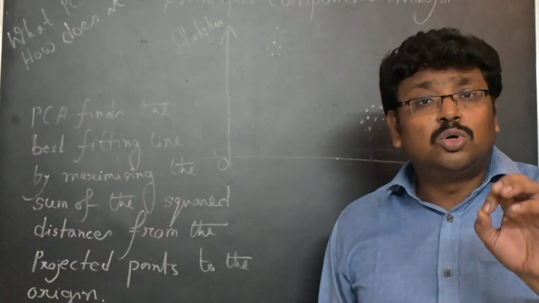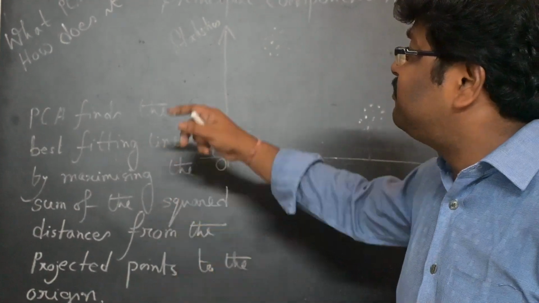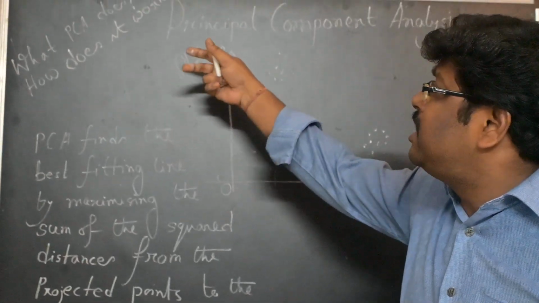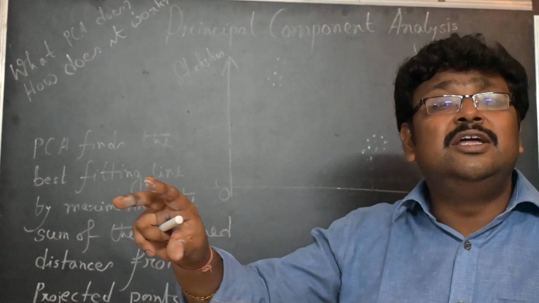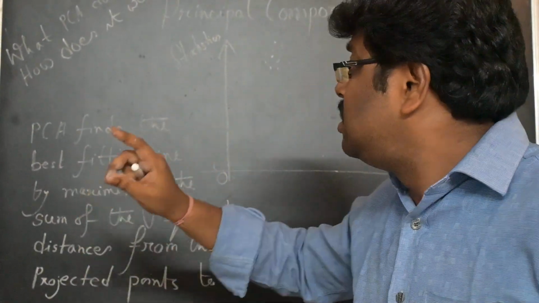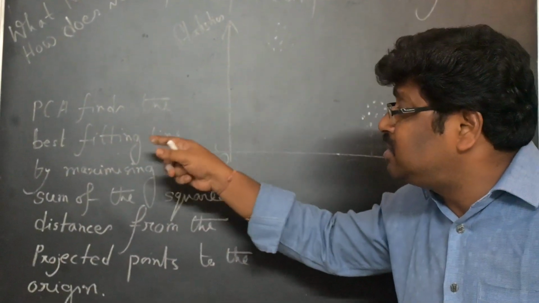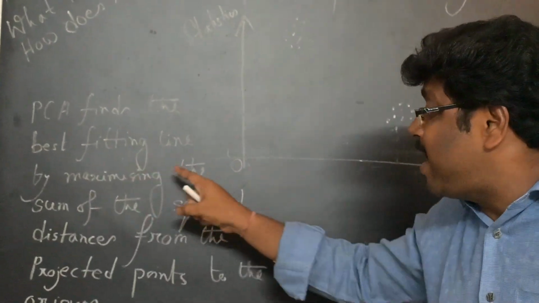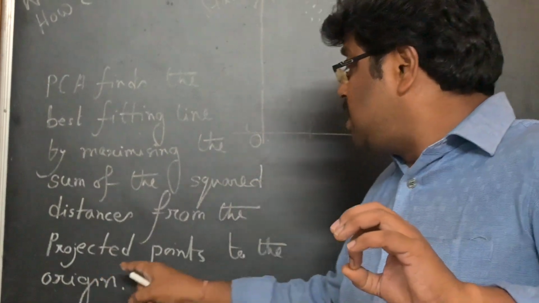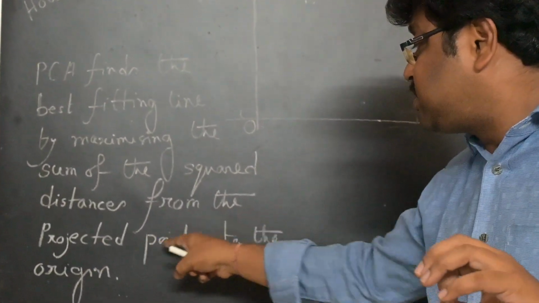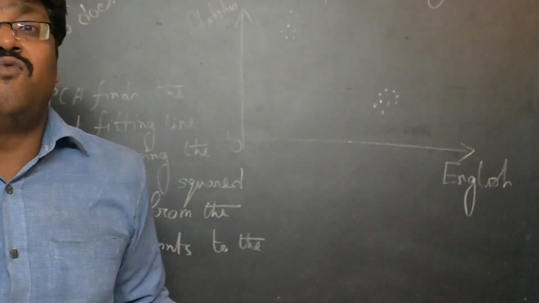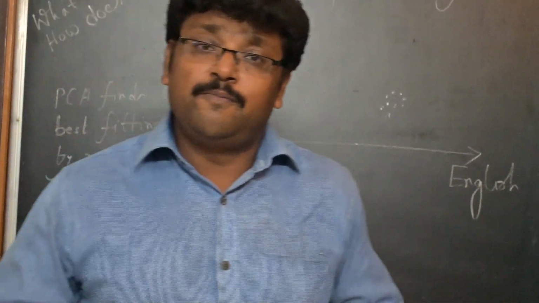Okay. The first understanding is how it works, we will discuss it later. But what does principal component analysis do? It finds the best fitting line by maximizing the sum of the squared distances from the projected points to the origin. So it is not clear now from this point of view.